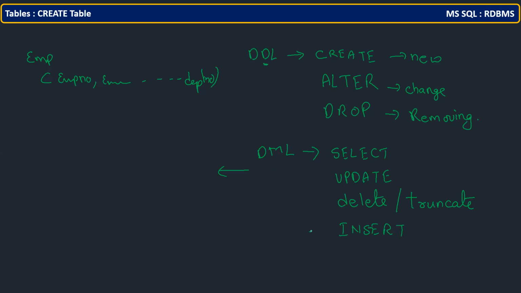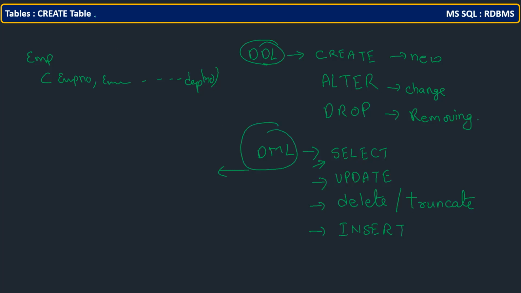That means you can place the objects, you can remove the objects, you can change the objects, or you can just see the objects. That is what select, right? Just retrieving the data. That just reading and giving as a output. It is not changing anything. That is what select command is doing, right? So that is what overall, first of all, DML and DDL commands meanings actually.